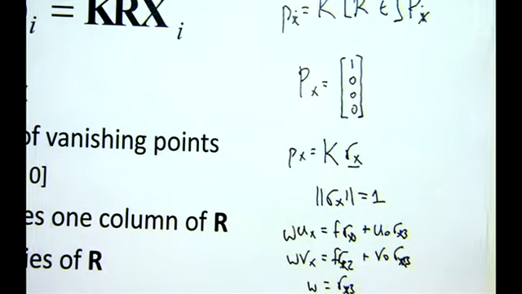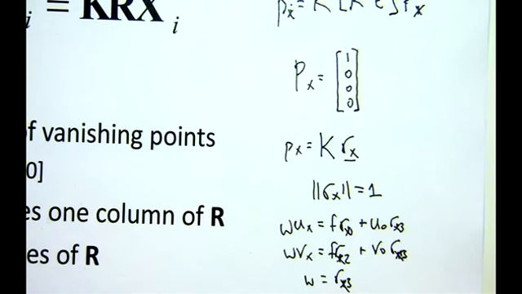Since I know the length of Rx is 1, I normalize it so that the length is 1 in order to solve for the scale value. That gives me the left side of the rotation matrix. I do the same thing for the center and the right side to solve for the rest of the rotation matrix. Any questions?